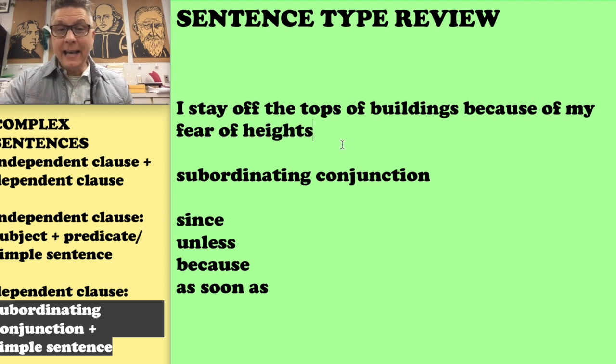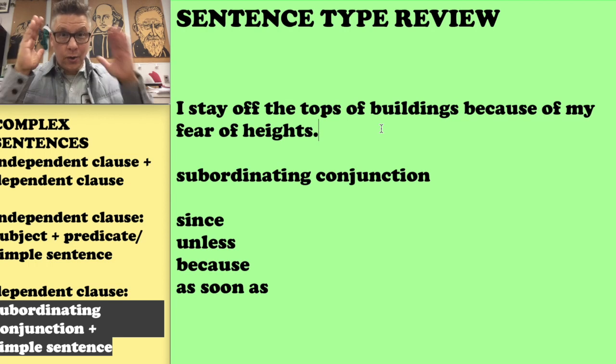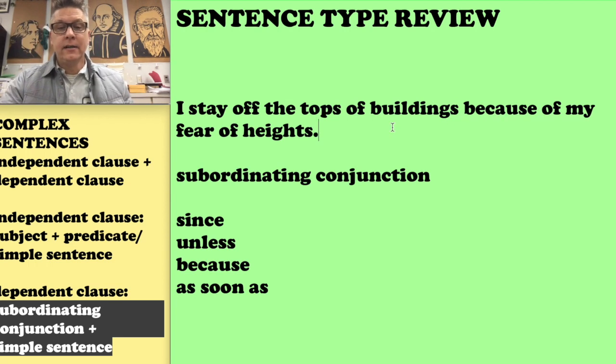My fear of heights now is just a subject, but there's no predicate. This is now a prepositional phrase, and so now this is a simple sentence. And that's what messes with people's minds. So there's not much difference, right? I'm saying basically the same thing, but there's no subject and predicate after this. The because is now a preposition, and of my fear of heights is just the subject and there's no predicate.